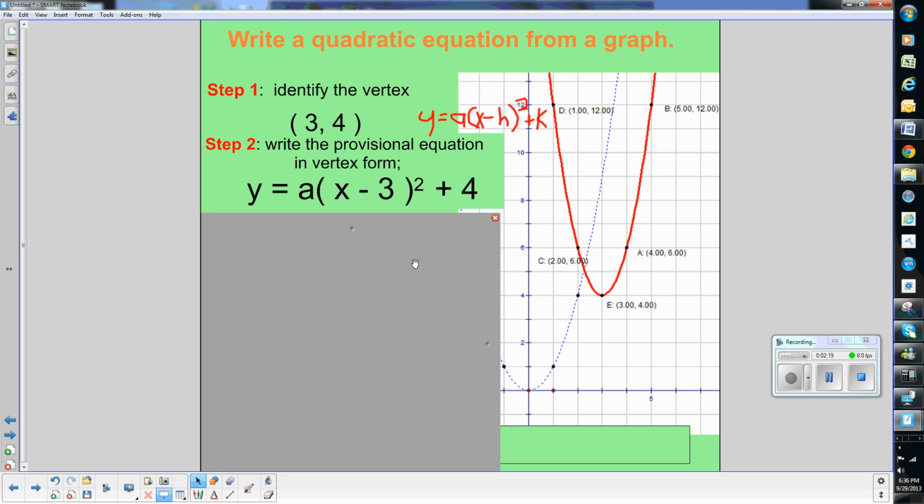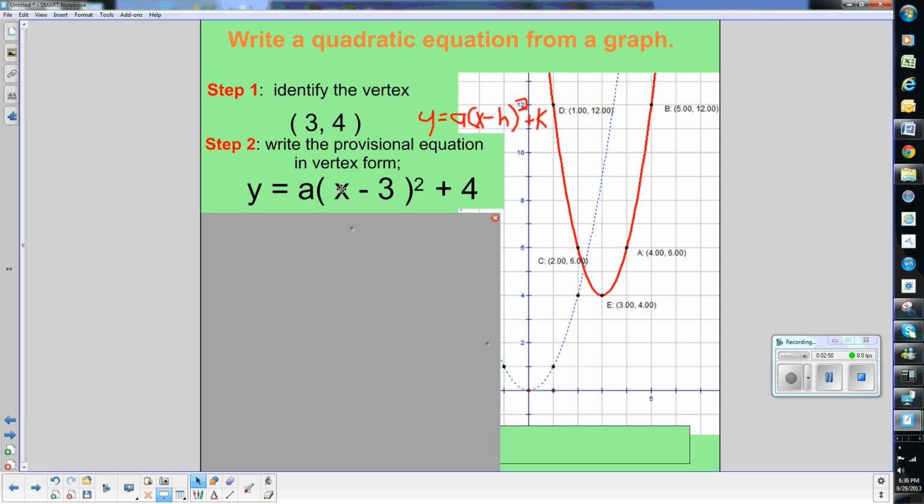Okay, at this point it might be useful for you to remember IHOD over, because when a parameter is inside the parentheses or the grouping symbol, it indicates that there's a horizontal transformation going on, and it's the opposite of what it appears. Now, our function moved over to the right 3 units.